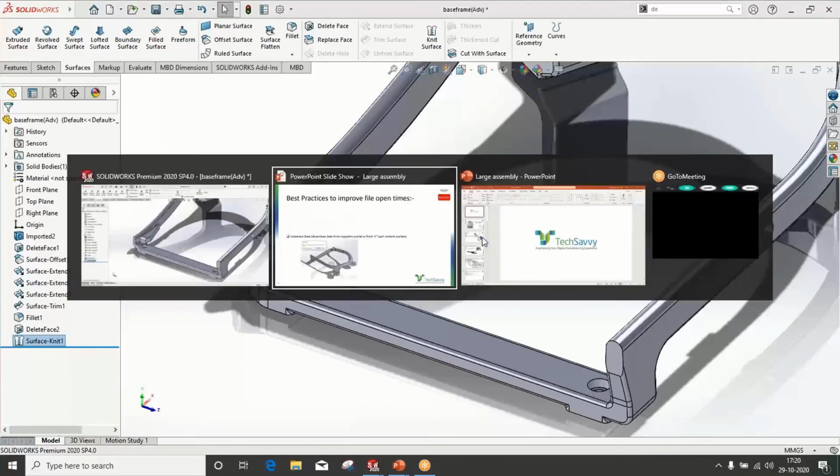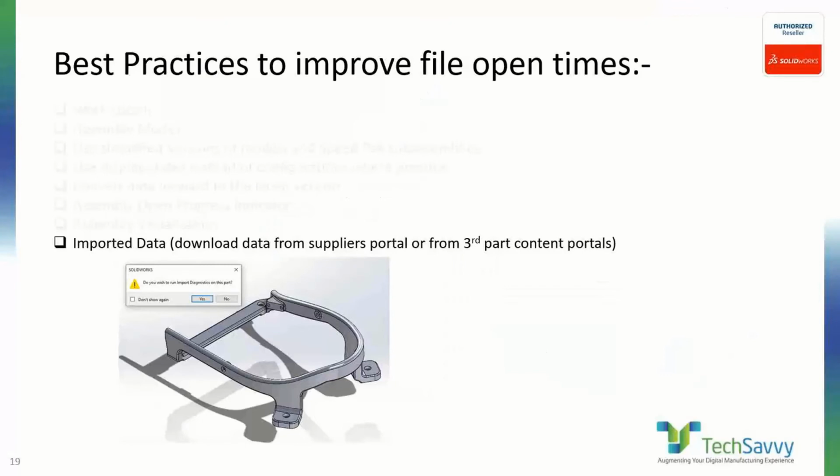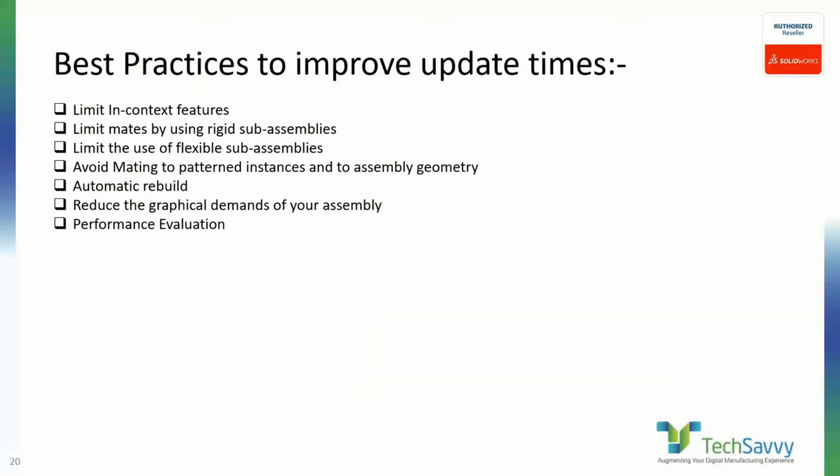So let us move to our PPT again. So our next topic is best practices to improve update times. Okay, whenever updating your components takes too much time, how can you improve that? Let us start with my first one, that is limit in context features.